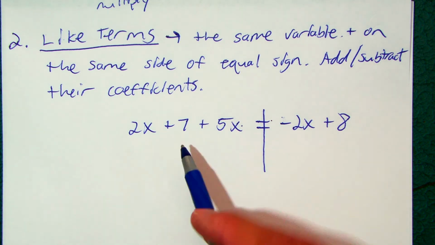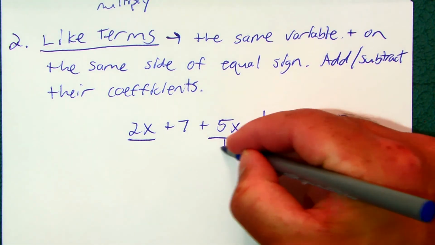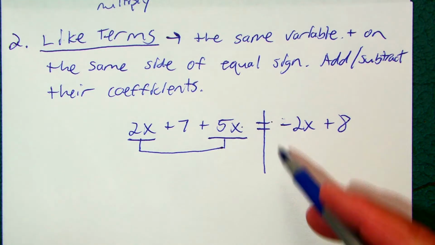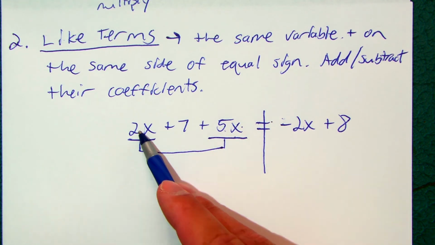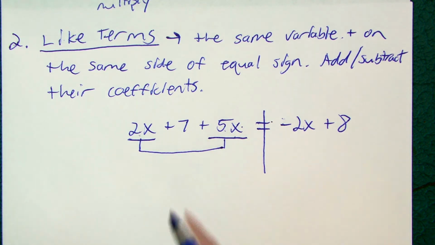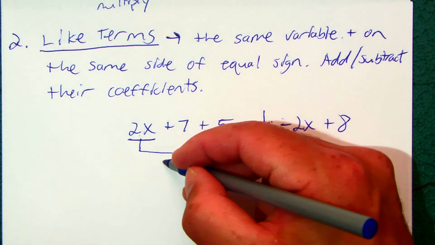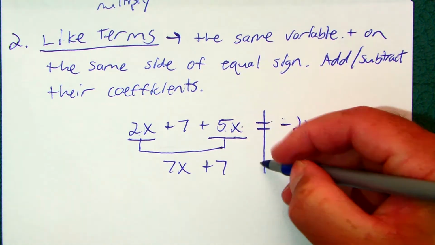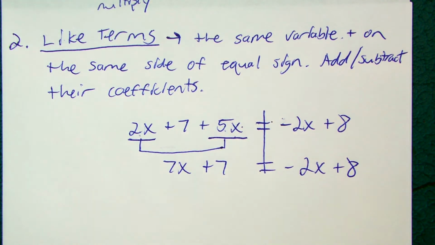But right now we have this 2x plus 5x. An easy way to remember this is that they're on the same side of the equal sign. They're both on the left, and we're going to do the same operation that's here. So positive 2x plus 5x is 7x plus 7. Notice my right side of the equal sign, I just had negative 2x plus 8. I didn't touch it. It's just dropping down, coming along for the ride here.